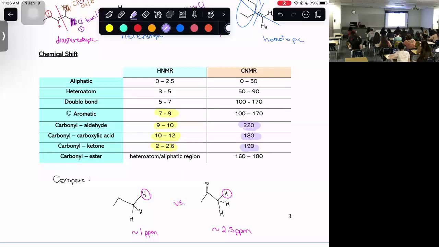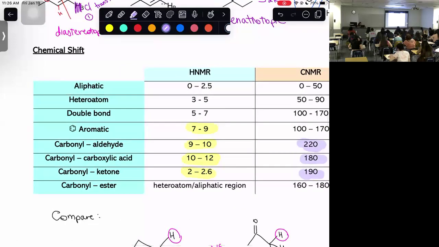So anything that's connected to an electronegative atom or connected to double bonds or triple bonds, okay? That's why, as you can see, aliphatic, that just means a normal carbon chain. Okay, it doesn't have anything special. But if we compare with something that has a double bond, automatically you see double bond electron density in there. So it's gonna make it more deshielded, which is why you see a higher ppm range as compared to the aliphatic zone, okay?